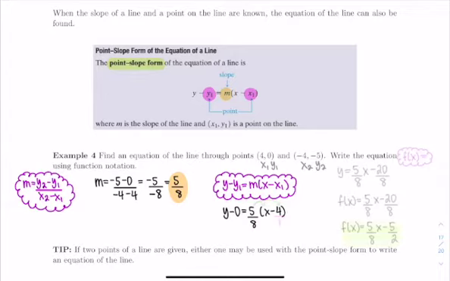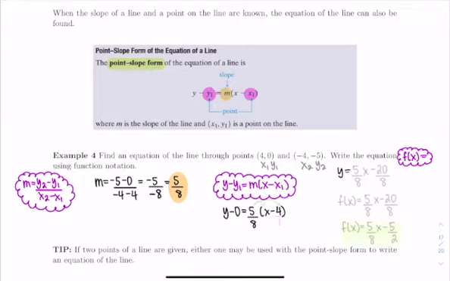We want to write this in function notation. Function notation means that I have f of x equals, and f of x is just another way that we can write y. Really what we want to do is put this into slope-intercept form, or we just want to have y by itself. y is pretty much by itself because it's y minus 0.